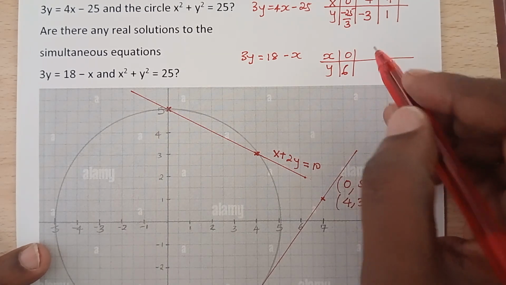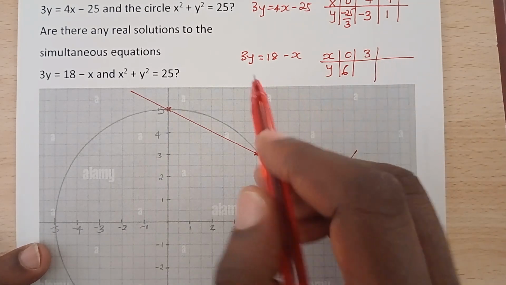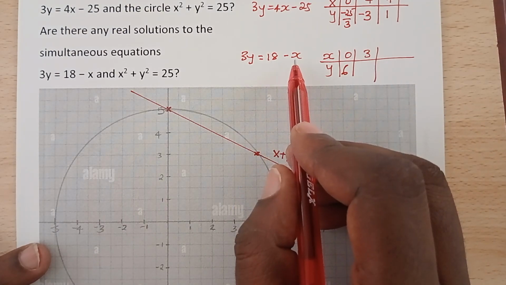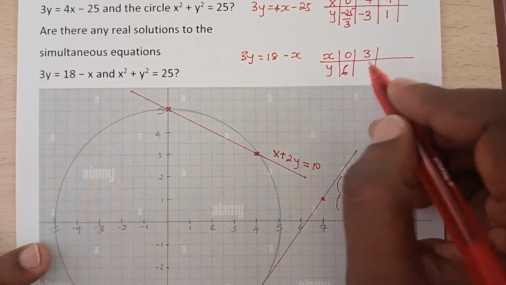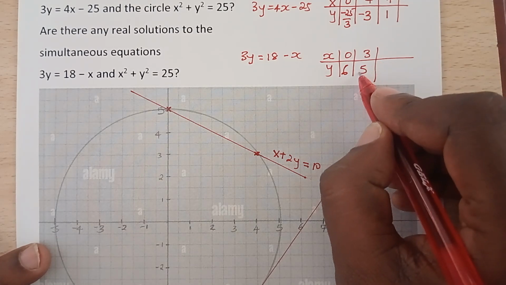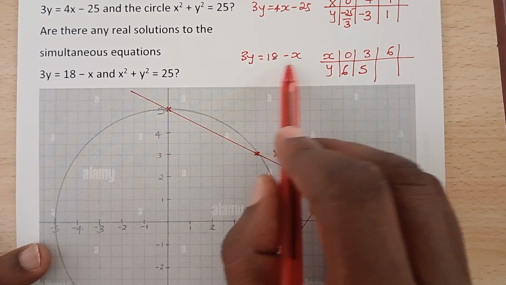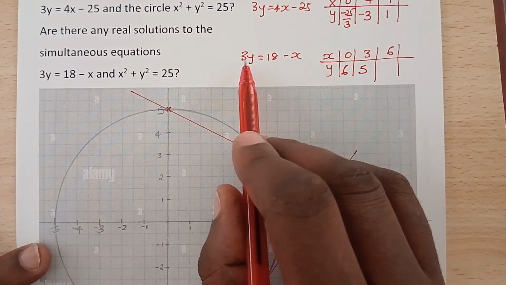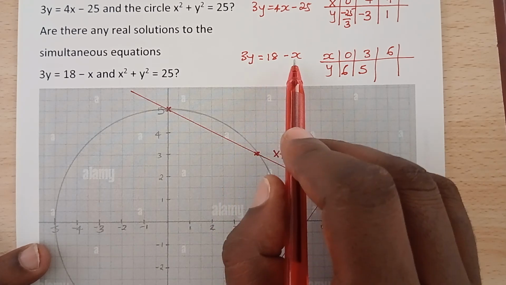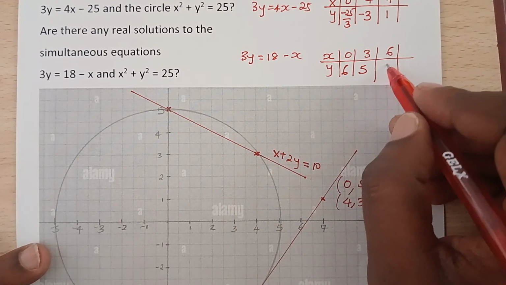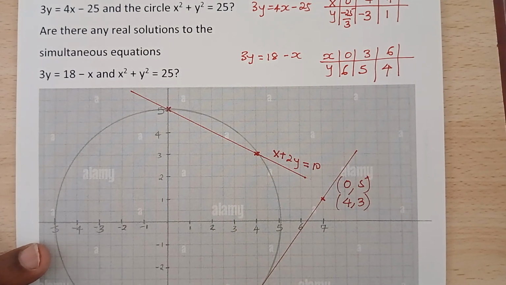When x is, let's say, 3, 18 minus 3 is 15. 15 divided by 3, you get the value of y is 5. When x is 6, 18 minus 6 is 12, and 3y becomes 12, and y becomes 12 divided by 3, which is 4. Those points are more than enough to come up with a straight line graph.